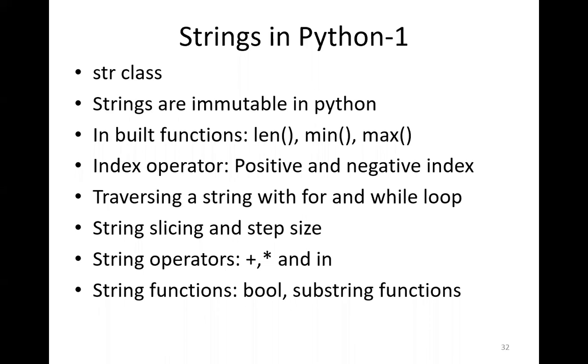Strings can be initiated by using the string class. They can also be initiated just by enclosing a string in single, double, or triple quotes. And strings are immutable in Python. That means you cannot change a string once you create it. If you need to make a variation to it, you can do it in another string.